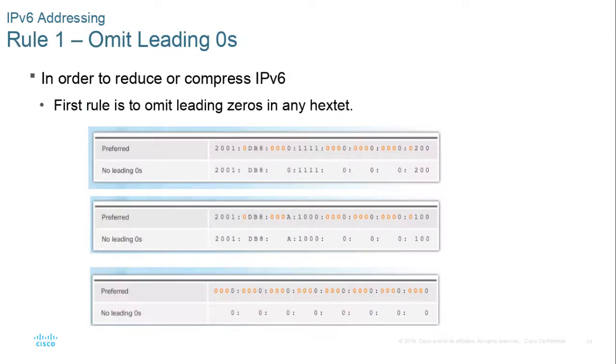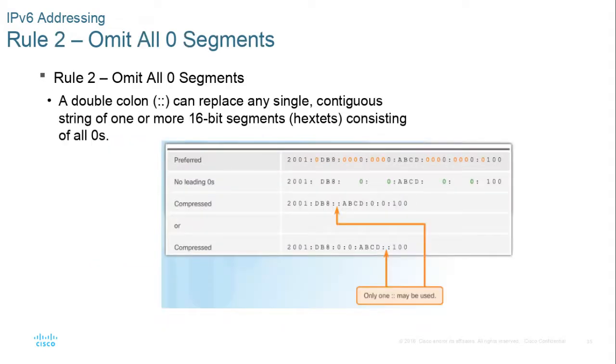The first rule is if there are any leading zeros, we can omit those zeros. So this number is easier to type if you don't have to type all those extra zeros. That's rule number 1, omit leading zeros. We do this with decimal anyway. If you write the number 111, you don't write 000111, you just write 111. You omit the leading zeros, it's natural.